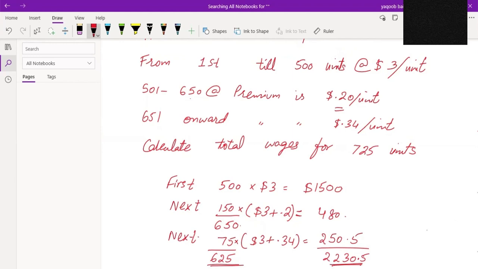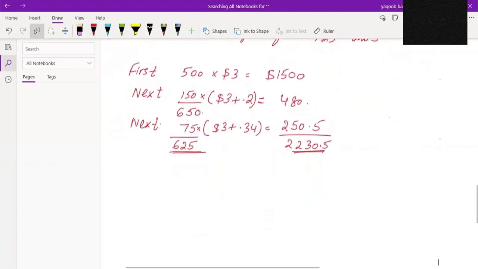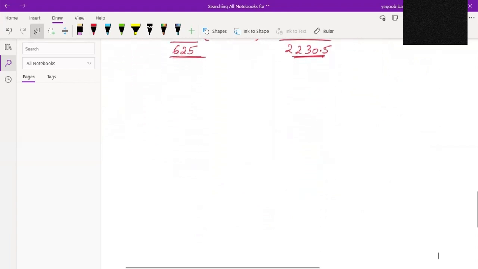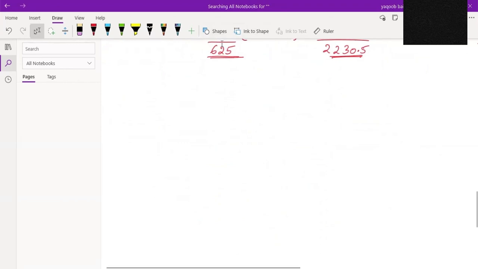So this is another way to calculate wages under differential piecework, the differential piecework with the premium.